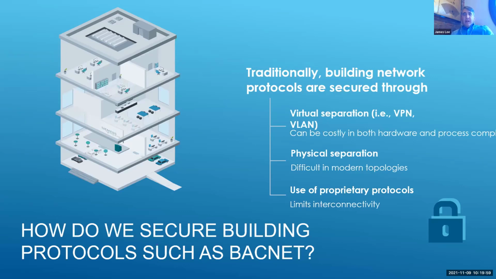And finally, in terms of virtual separation of networks, the technology that's largely been employed since about the year 2000 is virtual private networks and VLANs. And this would be a situation where the building automation networks would be sequestered logically and separated logically on the network system from the IT networks so that they can have their own sandbox.